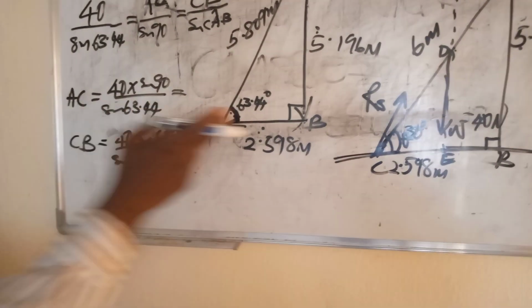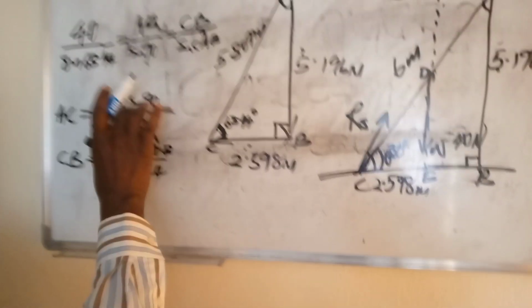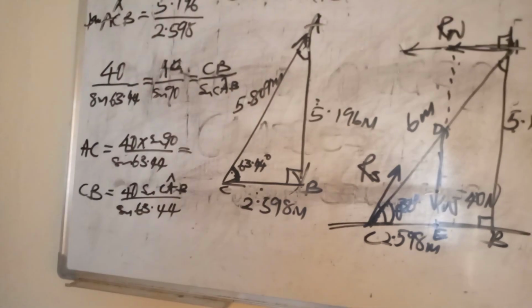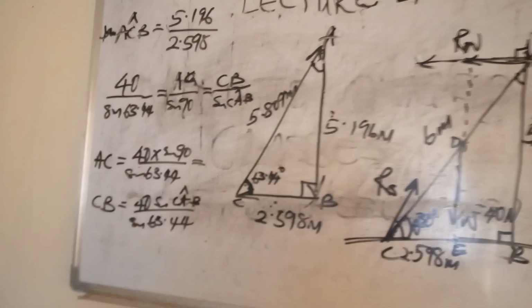So the other angle, 90 minus this will give me angle CAB.